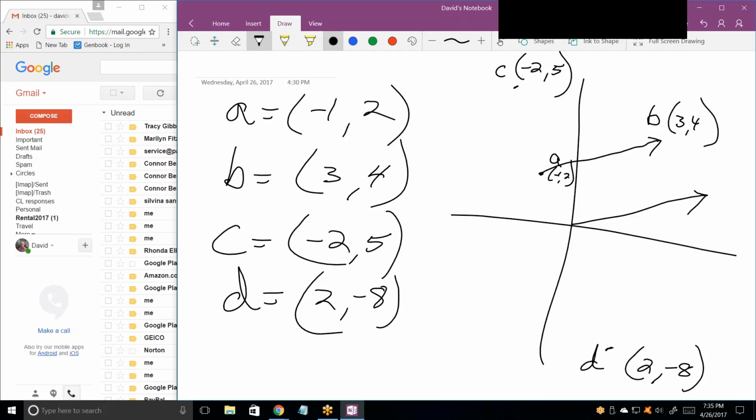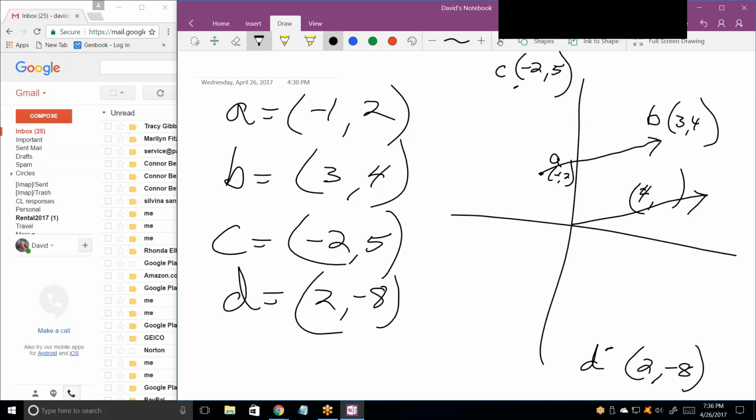Now, how do I turn this vector into the vector that starts at the origin? Just subtract the x components, subtract the y components. What do you have for this vector? You subtract 3 minus -1, which is 4.